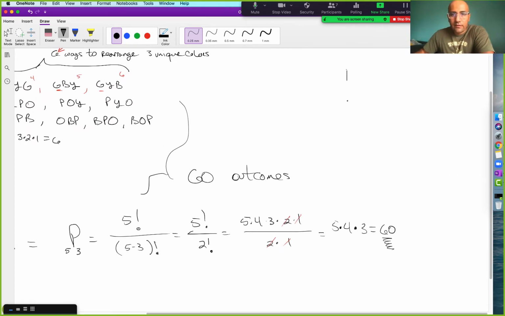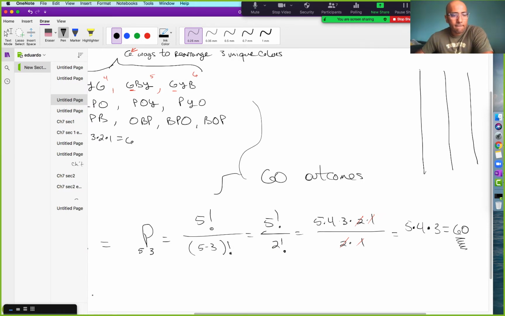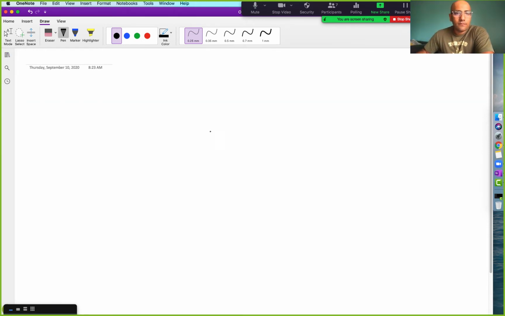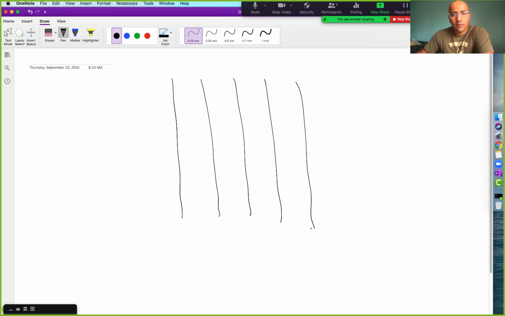So if the whole thing is 60, let me see if I can create a little table here. I've made it really ugly, so I don't know if this is going to be better, but we'll try. I need to move space. So let's say I have a giant table like this, and I have 1, 2, 3, 4, 5, 6 different columns.